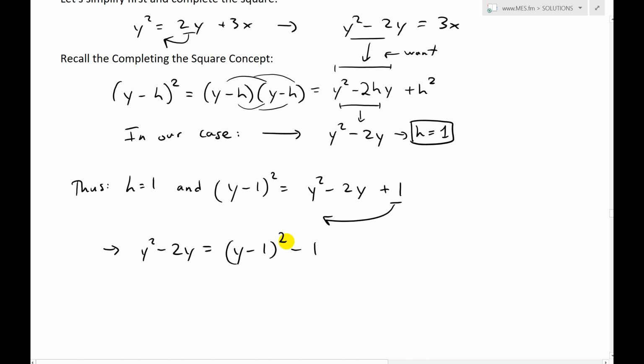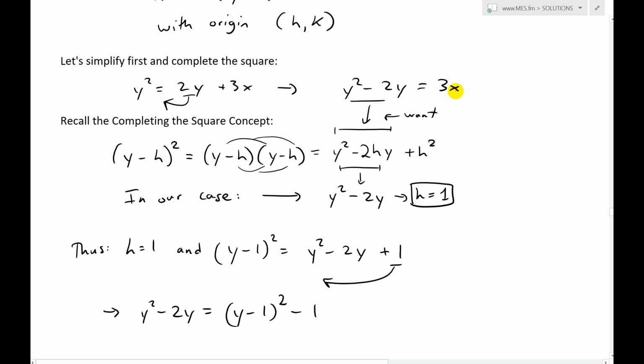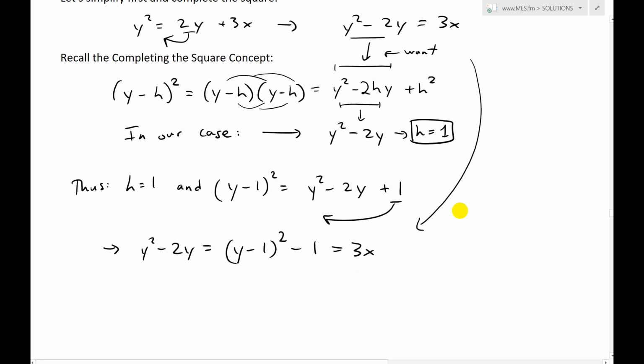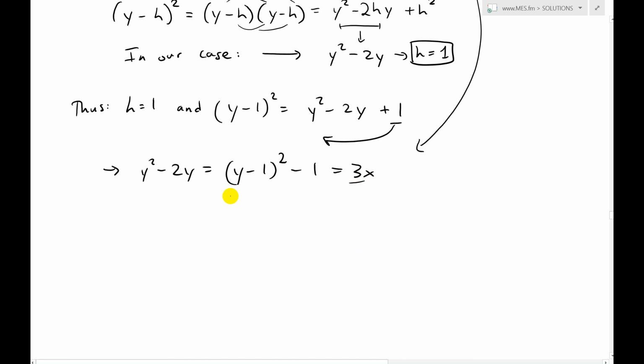Now that we have this, notice what this part right here is just 3x. So this goes down here, and this equals 3x. Now what we can do is divide everything by 3, so that cancels out. We end up having x equals 1 over 3 times (y minus 1) squared, minus 1 over 3.